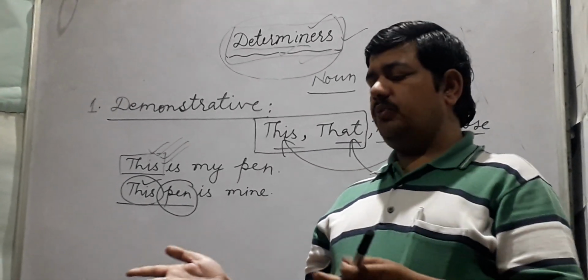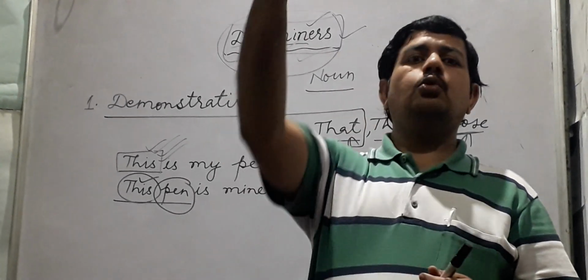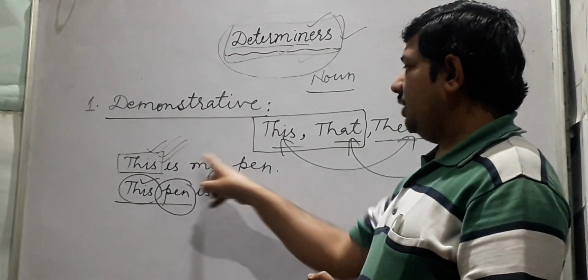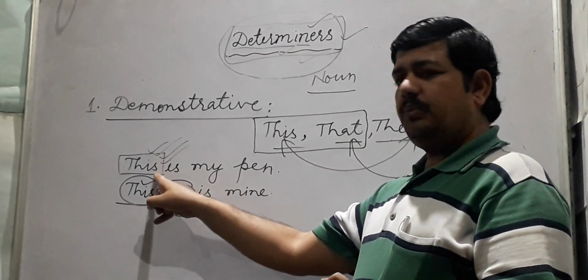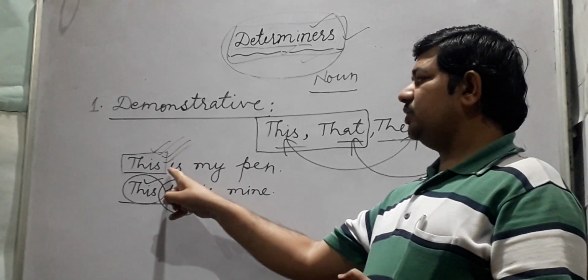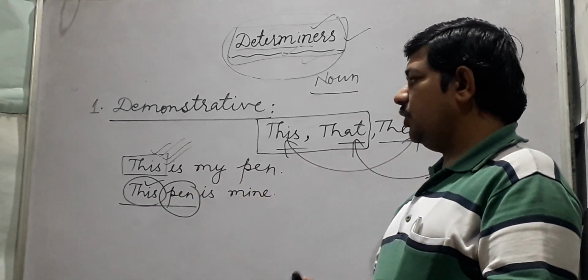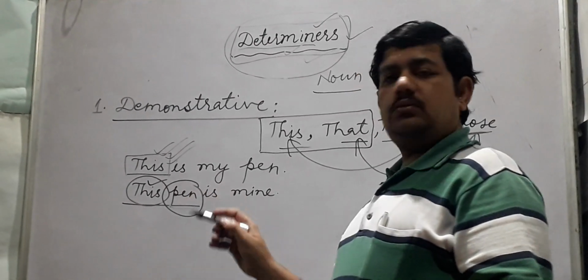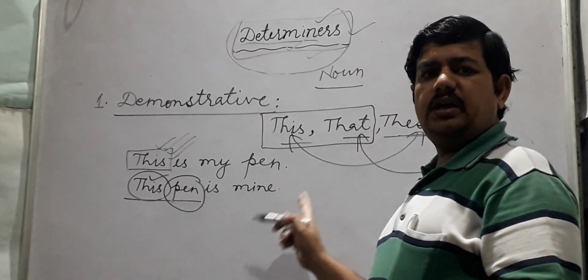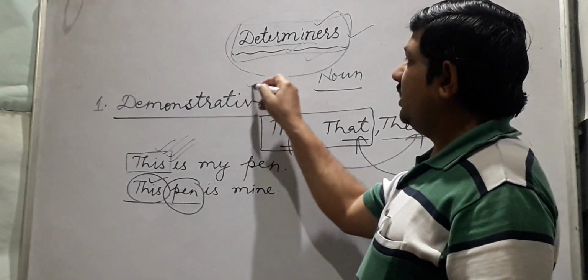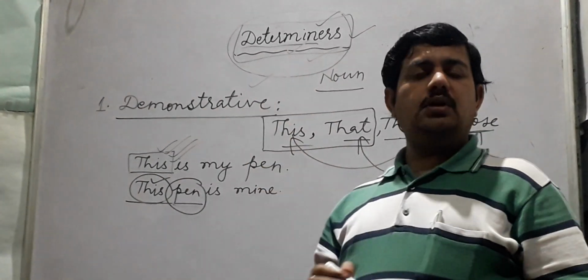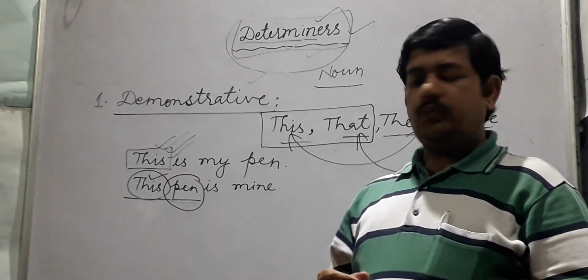Like these are children, those are children. When we explain this way, these are demonstrative pronouns. But when these words are used before a noun, they are used as a demonstrative adjective or demonstrative determiner.